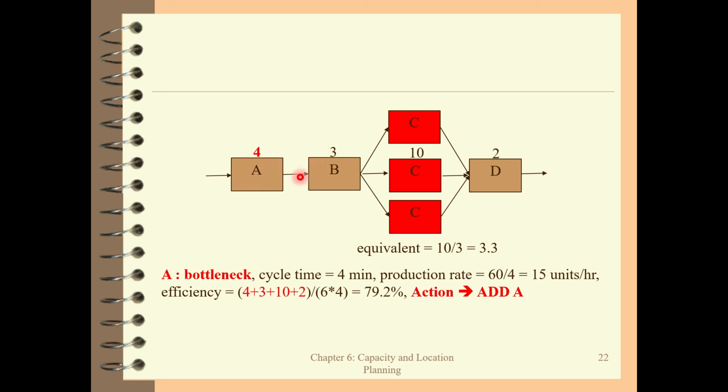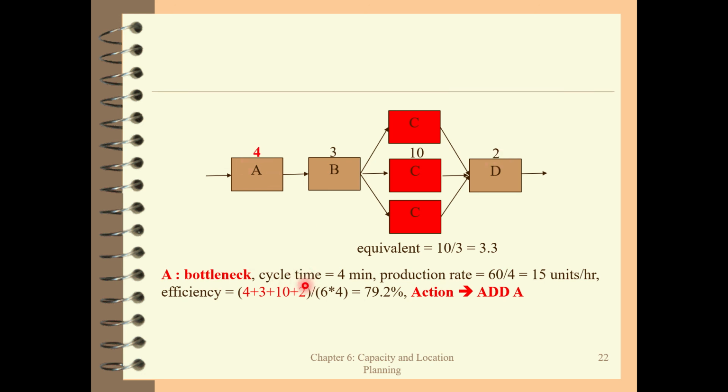Now, the bottleneck is moving from C to A, because this is the longest cycle time: 4, 3, 3.3, and 2. This is the highest one.